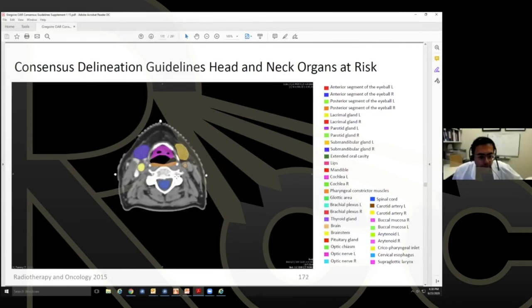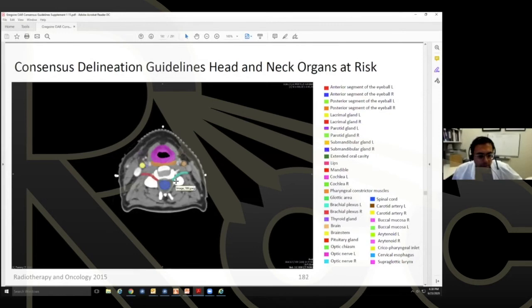Now we have the C5 nerve root coming out, and this is the anterior and the middle scalene muscle. So you're drawing between those two muscles, that space, just extending to the lateral border. Once you lose the foramina, you just draw right up to the vertebral body.